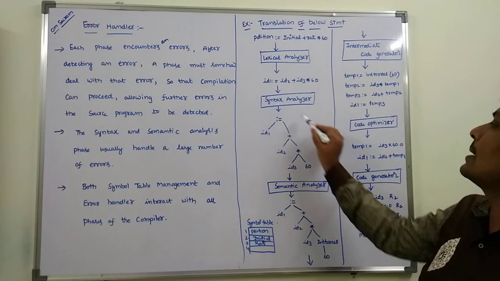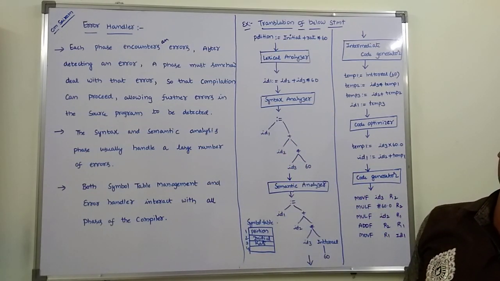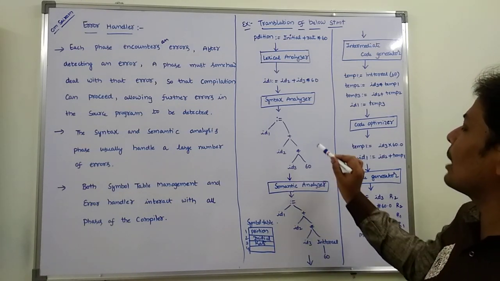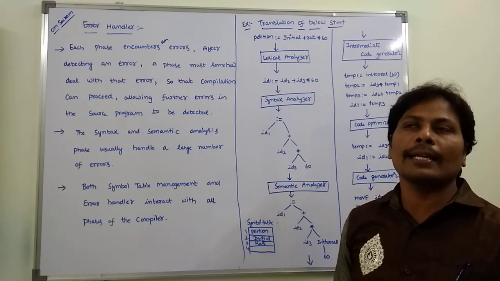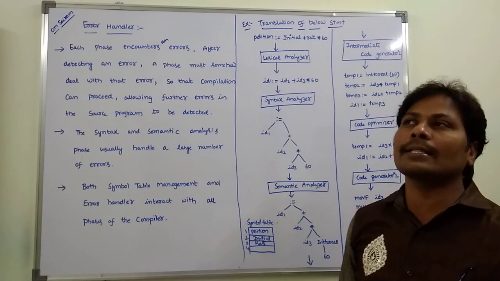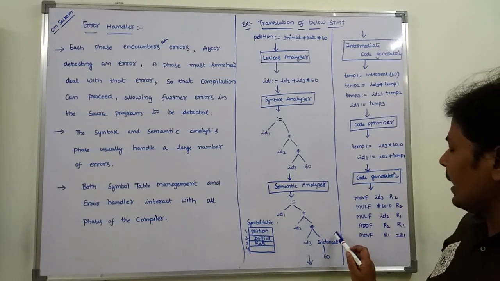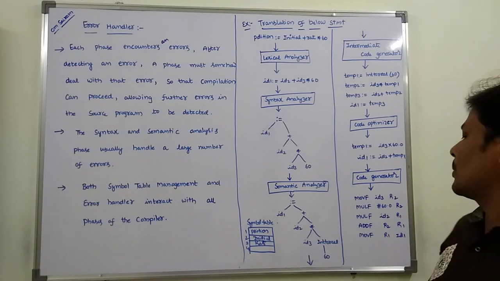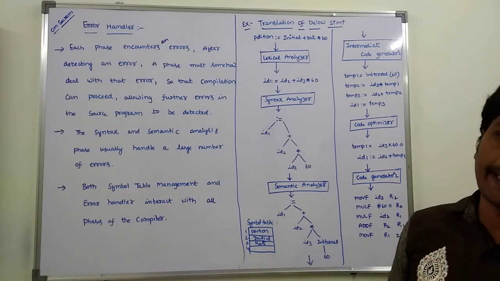The syntax analyzer can represent the above tokens in a parse tree. So this is the given parse tree. The output of the syntax analyzer is the parse tree. This parse tree can be given as input to the semantic analyzer. In the semantic analyzer, this can be converted into real, here by using the operator int to real.